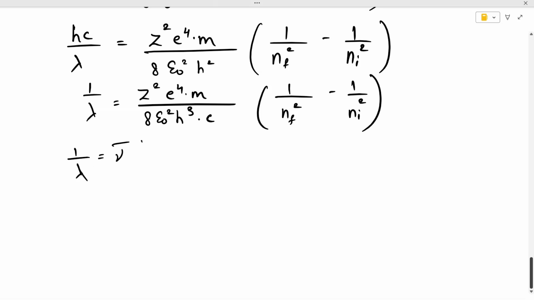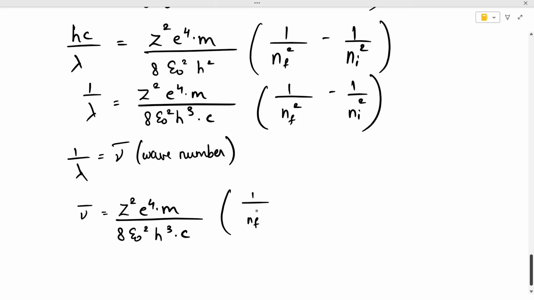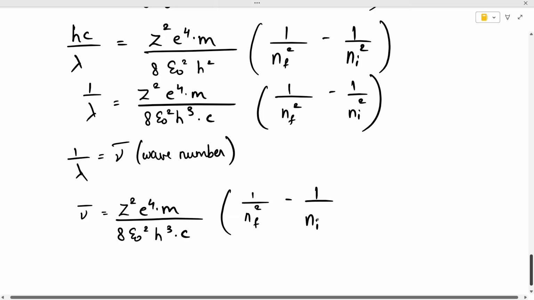Nu bar is known as wave number. So we can substitute this nu bar here. So at last we get nu bar is equal to Z square e raised to 4 times m upon 8 epsilon naught square h cube c, the whole times 1 upon n f square minus 1 upon n i square.